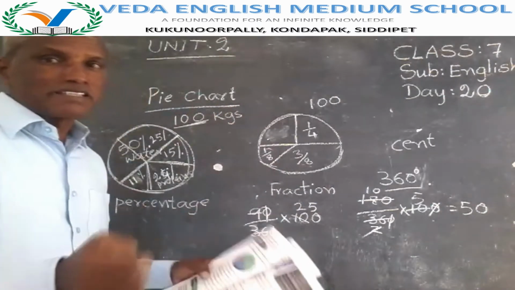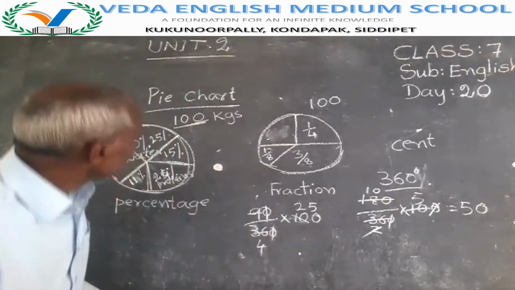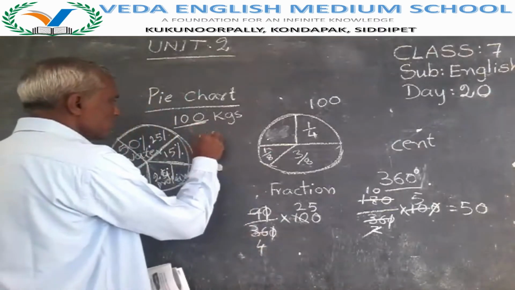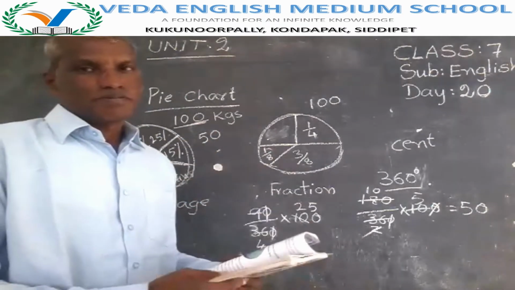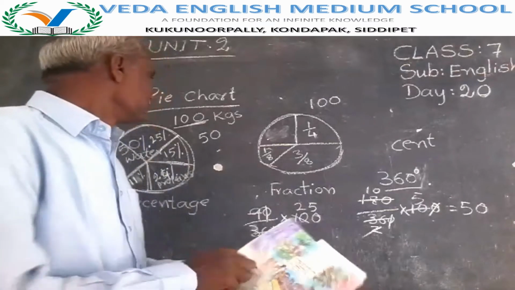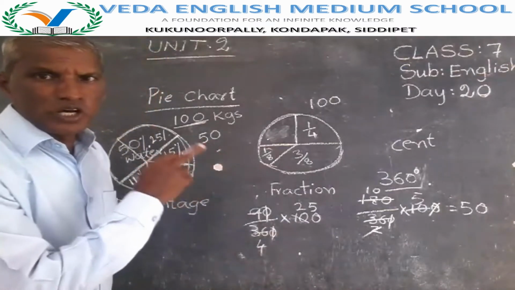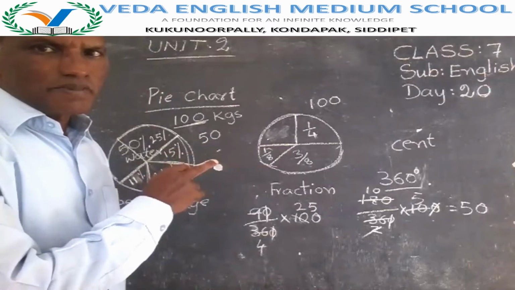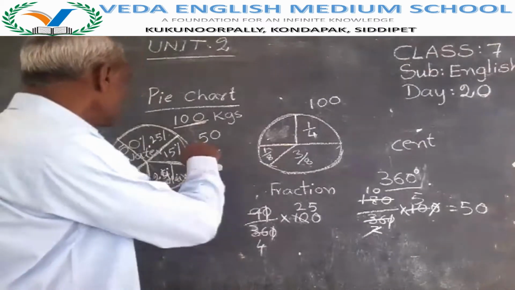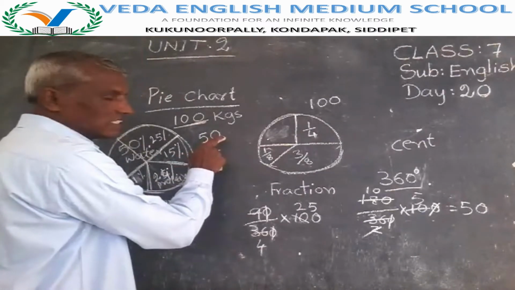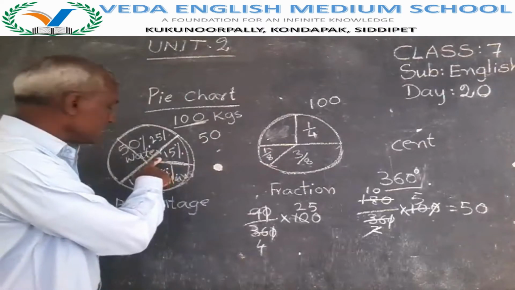If it is 100 kgs, it stays the same. But if it is only 50 kgs, now is the problem. Here you should know how to change this, otherwise you will not understand the problem. So if the body is 50 kgs, water is 65%.